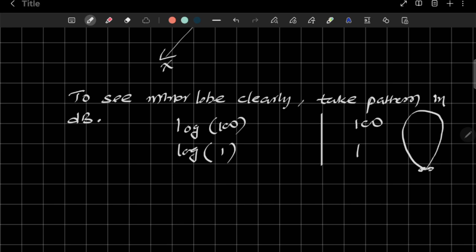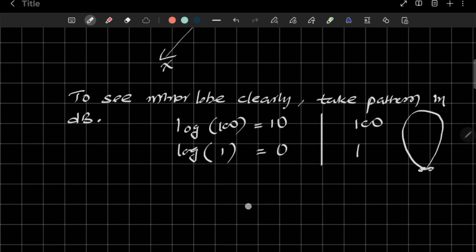So if you take as per scale, this 1 we cannot see because 1 and 100 are having large variation. But when you apply logarithm, this 100 will become 10 and this 1 will become 0. You see, the gap between 1 and 100 is very large, that is 99. And the gap between 0 and 10 is just 10 only.